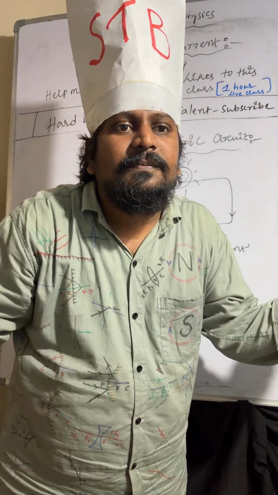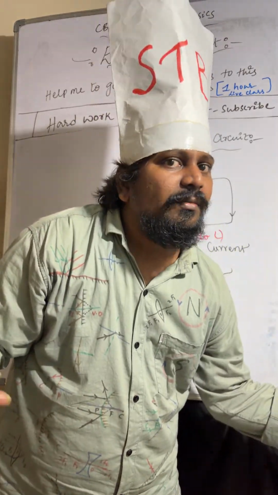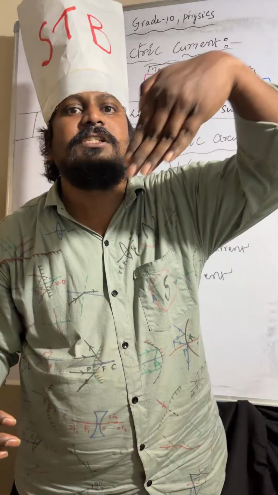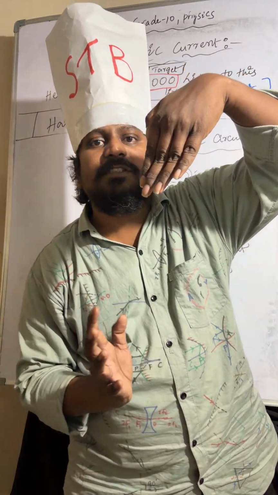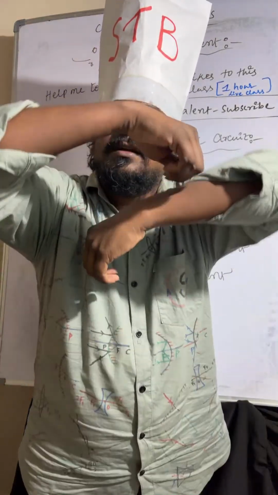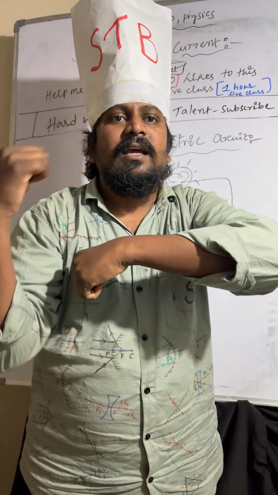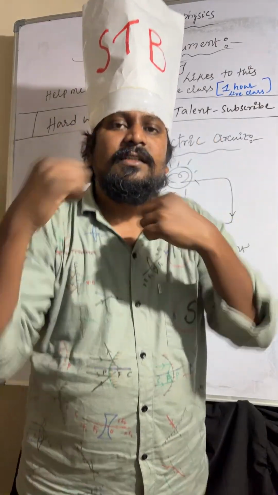Now you can observe one thing. Conventional current moves like this, and electrons will move opposite. Now you can understand. Conventional current moves like this, electrons move like this.